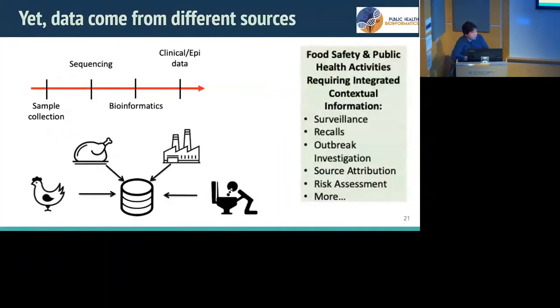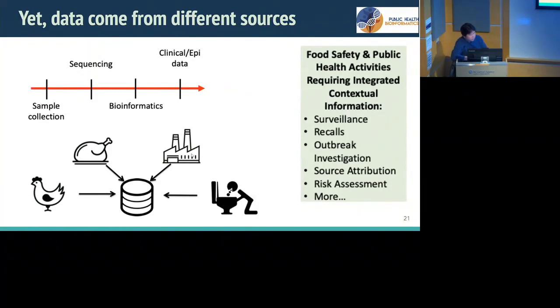Right, so what we're dealing with is that data can come from different sources, and depending on your investigation, if you're investigating human cases versus animal cases, your requirements for the context are quite different, so the contextual information can be quite different.